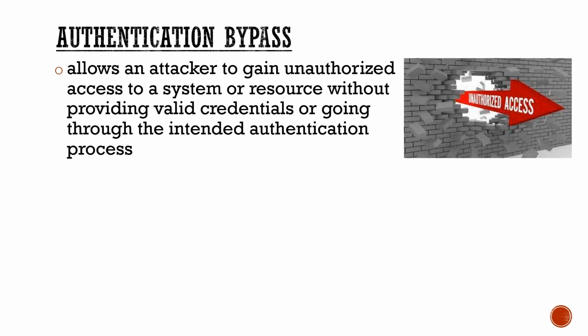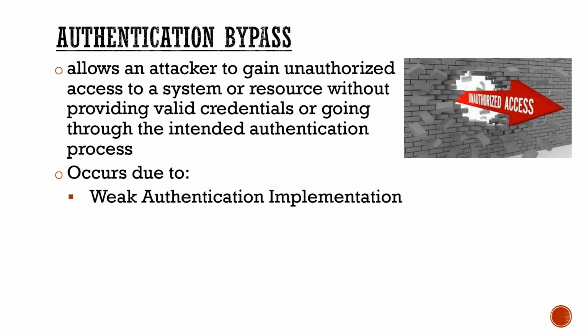So in an authentication bypass attack, the attacker finds a way to circumvent or bypass the authentication mechanism, gaining an access to restricted areas or privileged functionality. There are several methods through which authentication bypass can occur.